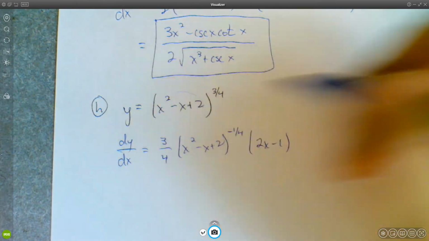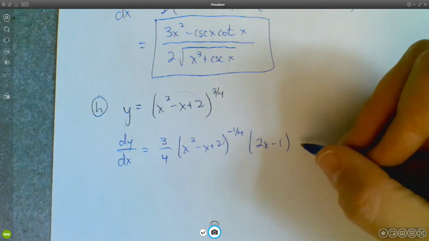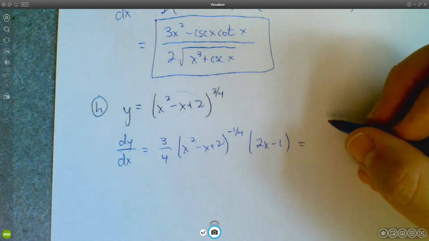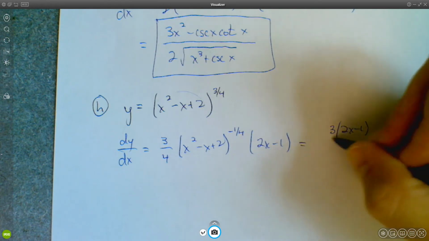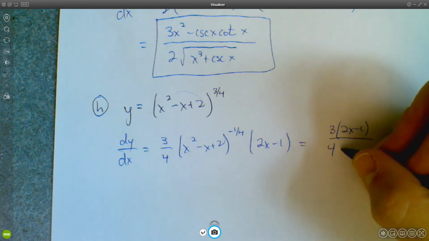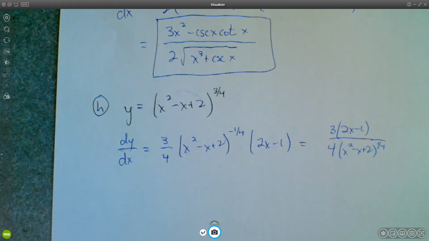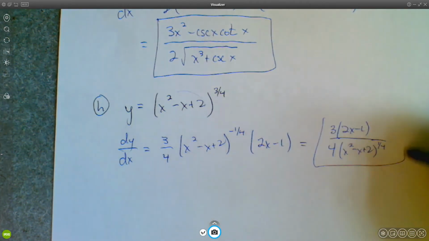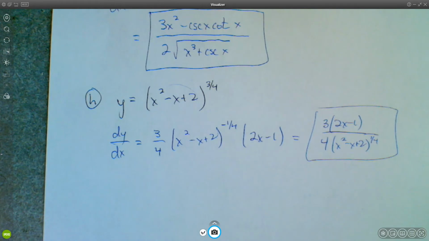Derivative of the inner function. And we can simplify a little, call this 3 times 2x minus 1 over 4 times x squared minus x plus 2 to the 1/4 power. Or if you wanted to write it as the 4th root of that, you could. But there's that. Okay, so hopefully you're kind of catching on to the idea.